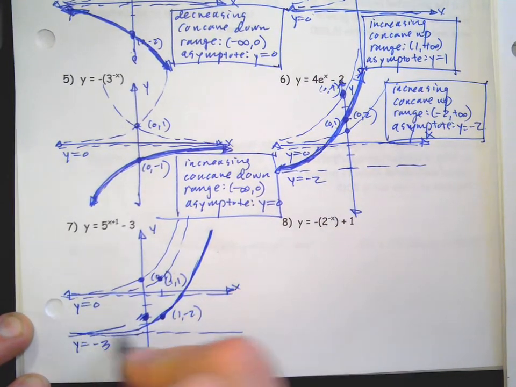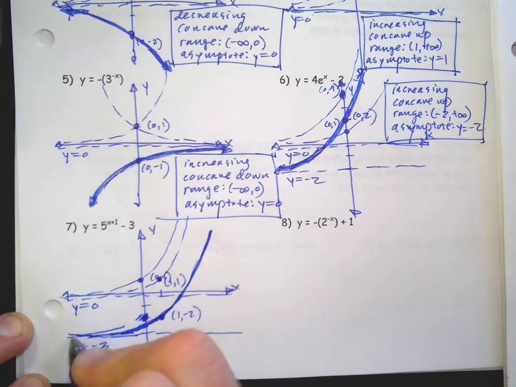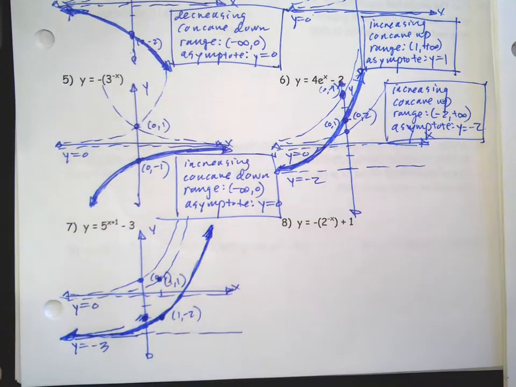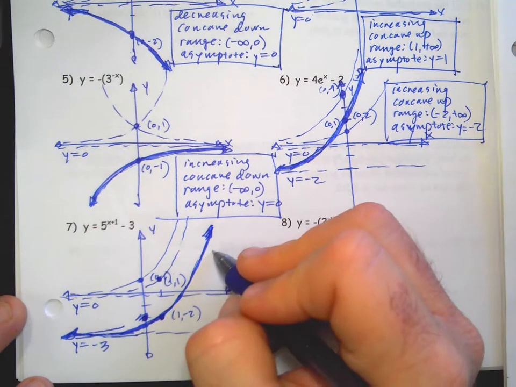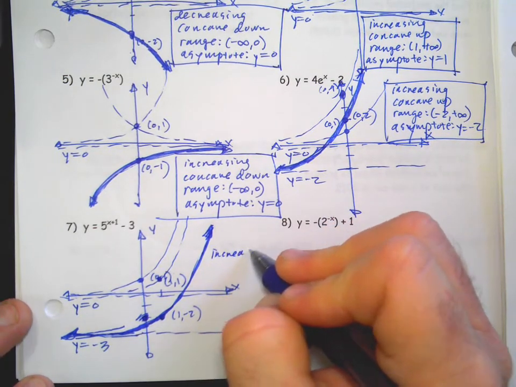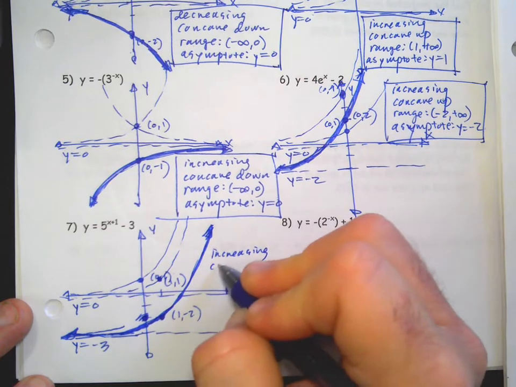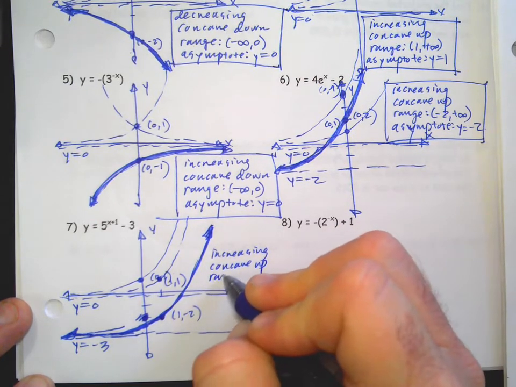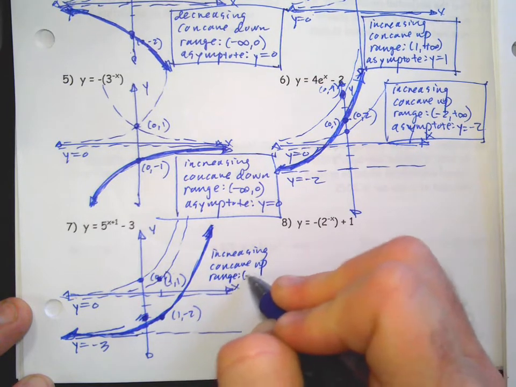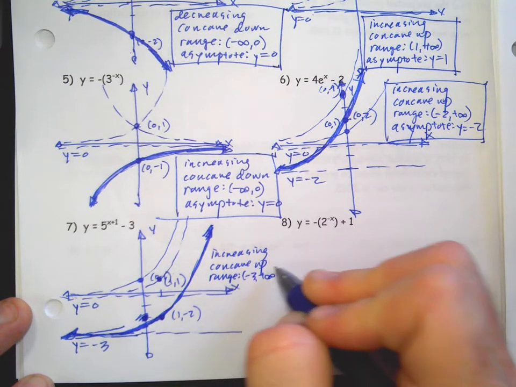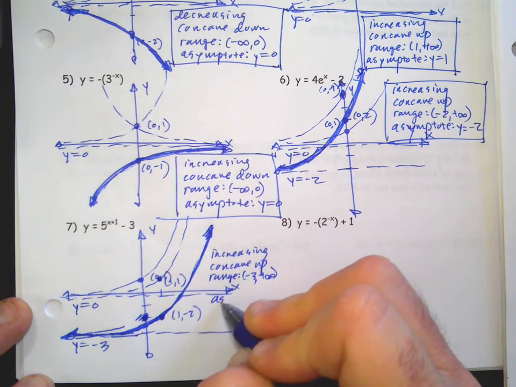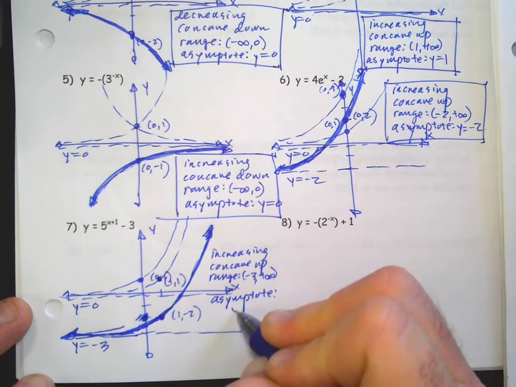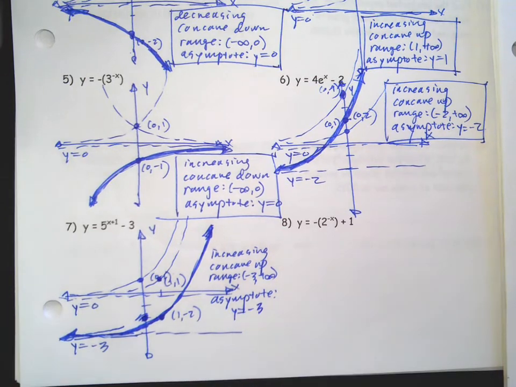And so this is your final graph. Arrows on the ends, make it dark. And so it is increasing. It is concave up. The range is negative 3 to positive infinity. And the asymptote is y equals negative 3. So there we go.